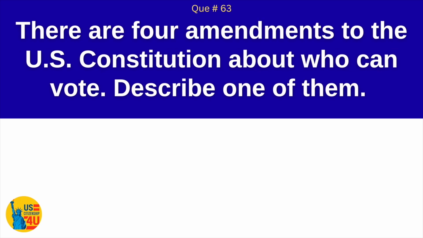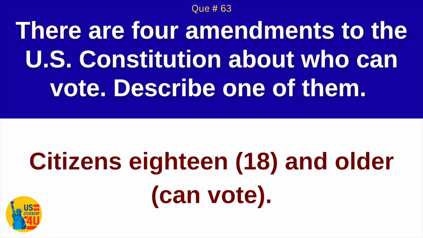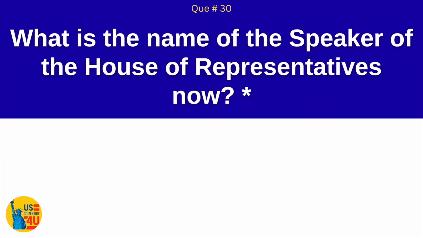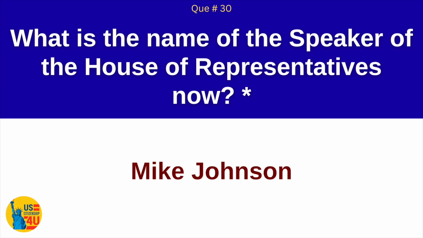There are 4 amendments to the U.S. Constitution about who can vote. Describe one of them. Citizens 18 and older can vote. What is the name of the Speaker of the House of Representatives now? Mike Johnson.